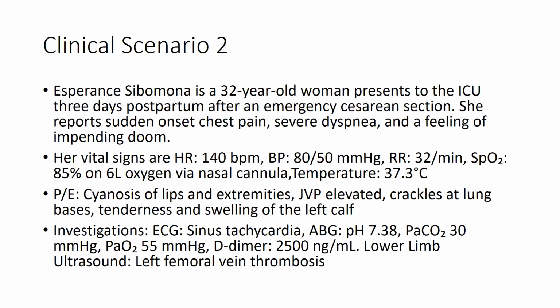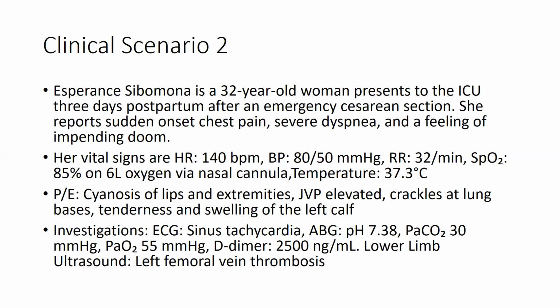All right, this second one is Esperance Pulmonary. A 32-year-old woman presents to the ICU 3 days postpartum after an emergency cesarean section. She reports sudden onset chest pain, severe dyspnea, and a feeling of impending doom. She's tachycardic at 140, hypotensive at 80/50, tachypneic with a respiratory rate of 32, SpO2 of 85% on 6 liters oxygen via nasal cannula, and afebrile.